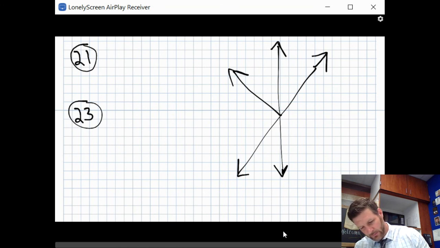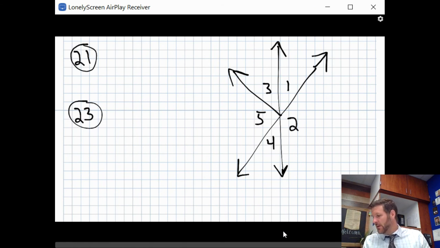Then we've got angles 1, 2, 3, 4, and 5. Okay, and in this problem, it's asking, tell whether the angles are only adjacent and form a linear pair, or not adjacent at all. So again, vocab, adjacent means you're next to. So for two angles to be adjacent, they have to have a common vertex and a common side.